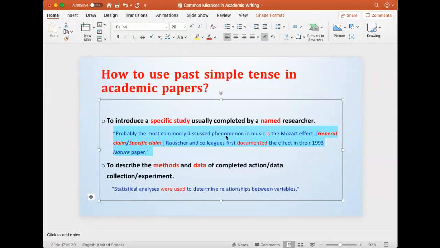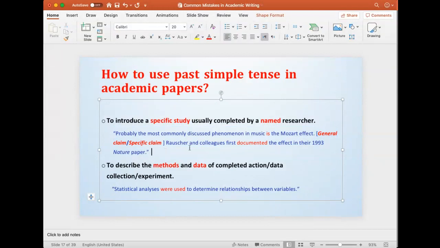Probably the most commonly discussed phenomenon in music is the Mozart effect. General claim and specific claim. Rothschild and colleagues first documented the effect in their 1999 Nature paper.